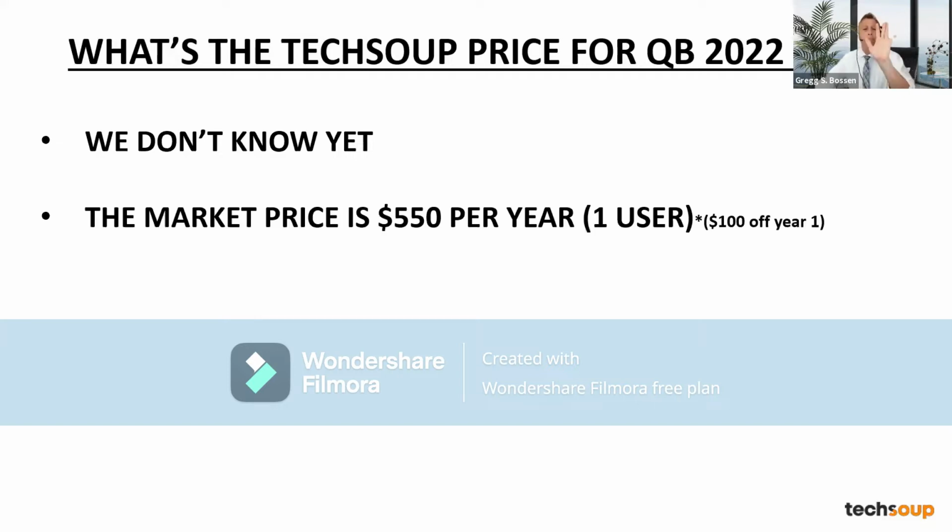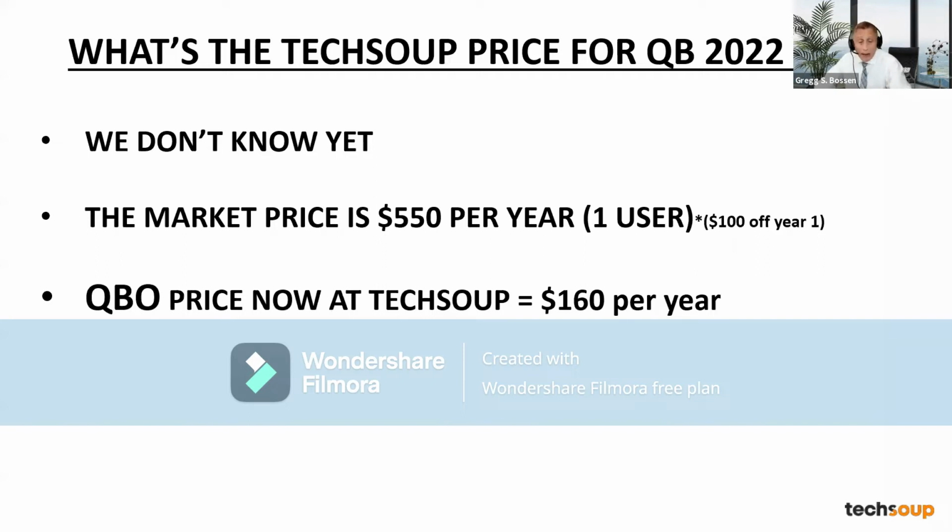Now, the market price, the price that everybody else pays, not the nonprofits getting it from TechSoup, is $550 per year for one user license. You get $100 off the first year, so that's $450. That's not what nonprofits are going to be paying, hopefully, okay?